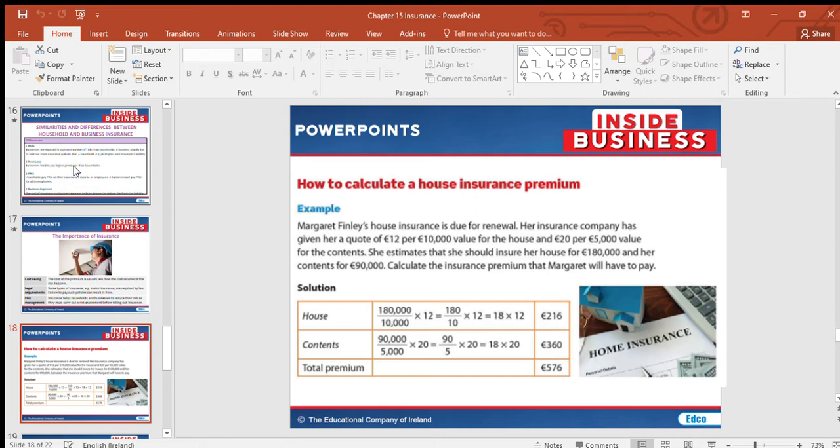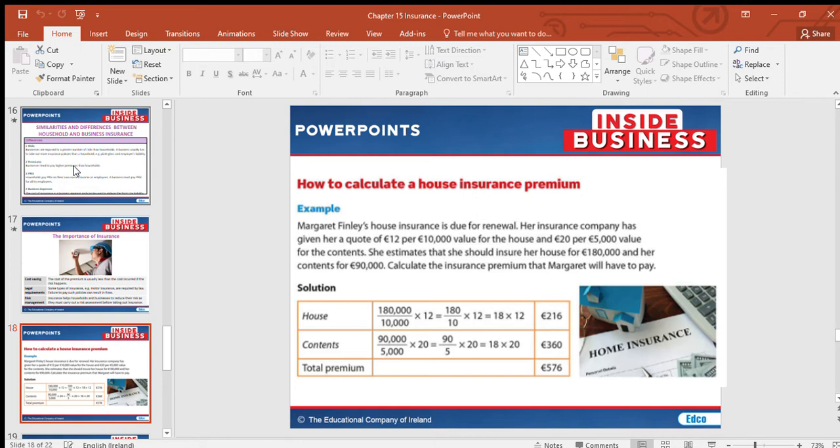So what we're looking at here is, you have an individual, her house is worth 180,000 and the contents inside her house are worth half that, 90,000, and she's trying to pay for house insurance. So she's trying to figure out how much should I pay? So what the insurance company are doing is they're telling her, for every 10,000 euro value for your house, you pay us 12 euro.